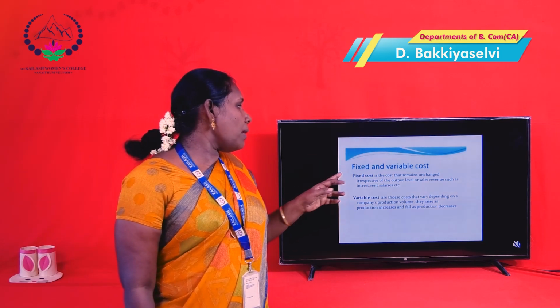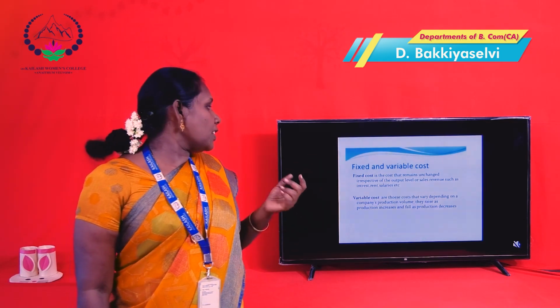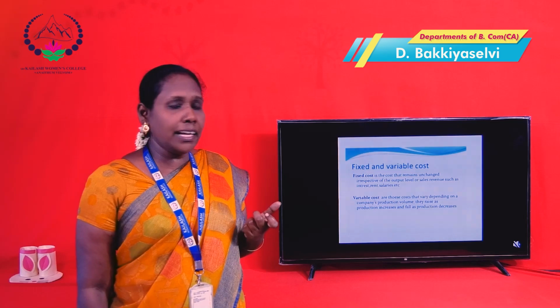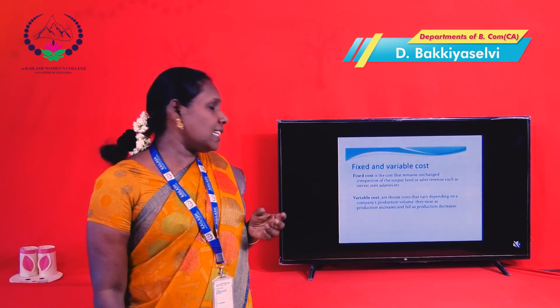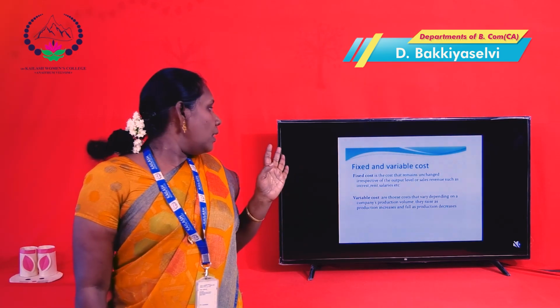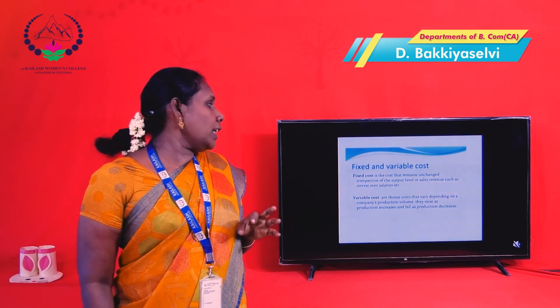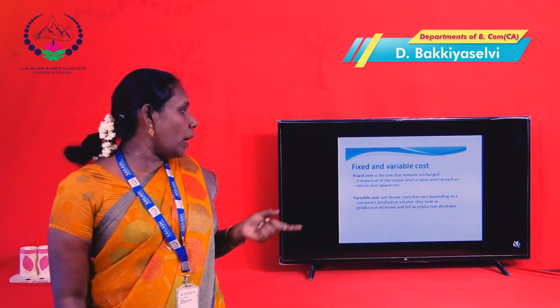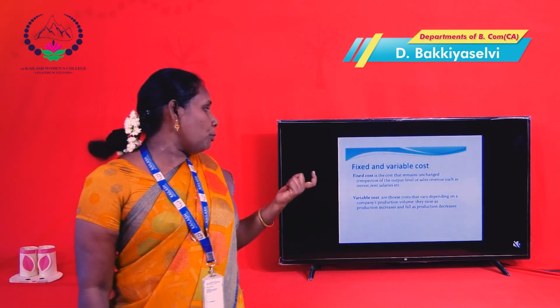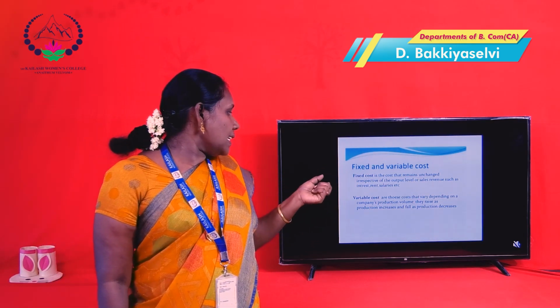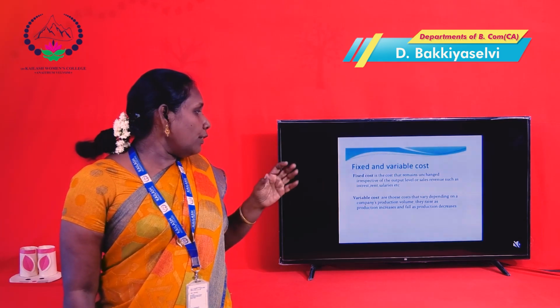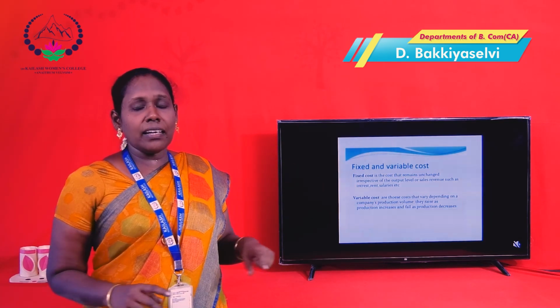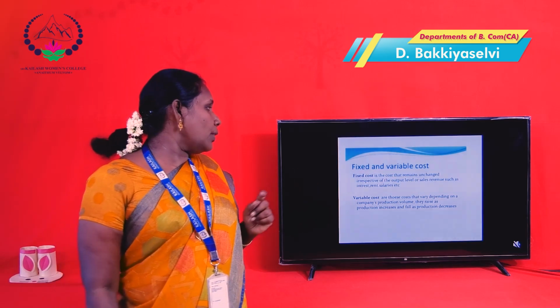The cost that remains unchanged irrespective of the output level or sales revenue, such as interest, rent and salaries, is called fixed cost. Variable means a variation of cost. Those costs vary depending on a company's production volume. They rise as production increases and fall as production decreases. The cost varies, so it's called variable cost.